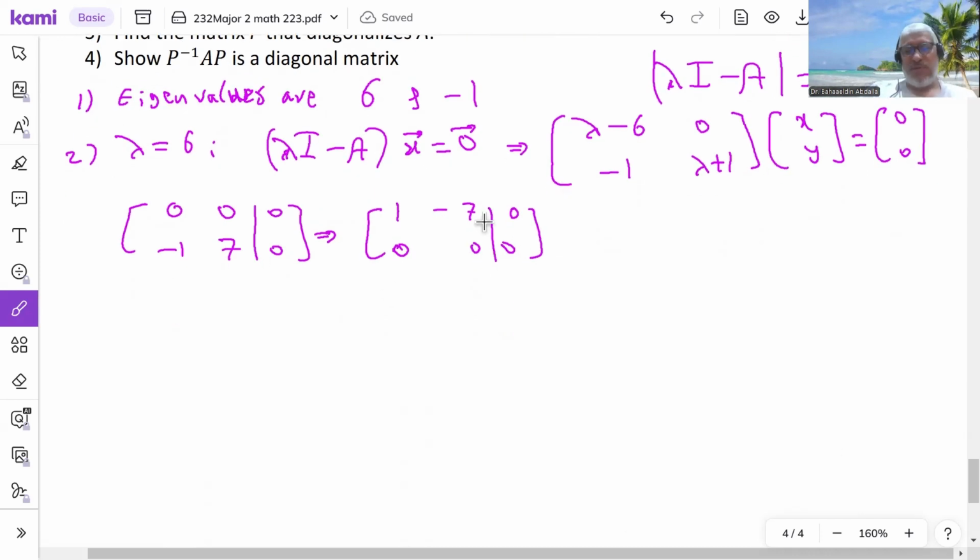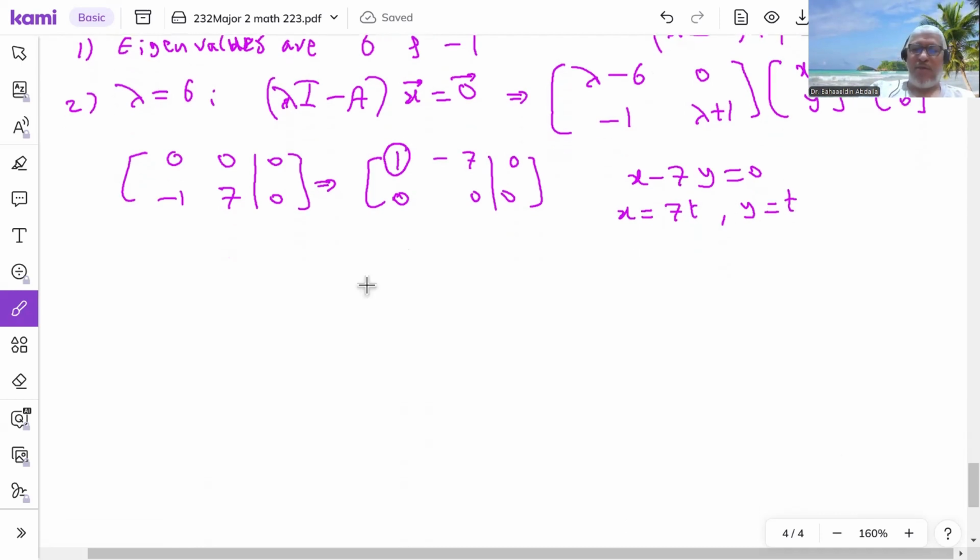So this would be the solution. I have x minus 7y equals 0 and 0 equals 0. X is a basic variable and y is a free variable. So x is 7y, which I'm going to call t, and y is t. And t is any real number.